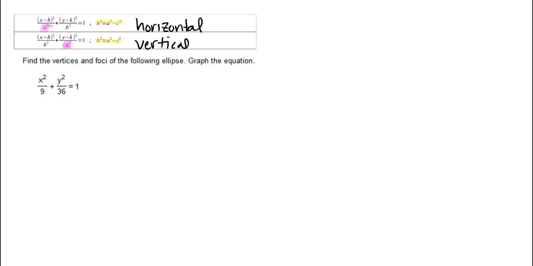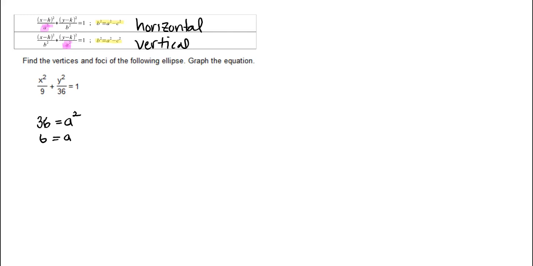Now getting back to our question, we want to find the vertices and foci of this ellipse. And with this equation, I can see that the larger number is under y, meaning that I'm going to have a vertical orientation. So the 36 will match with a squared, and so that means that a is 6.